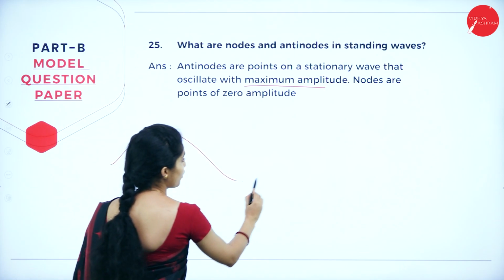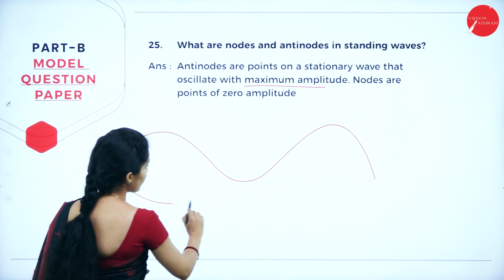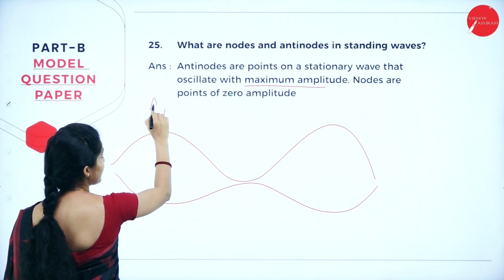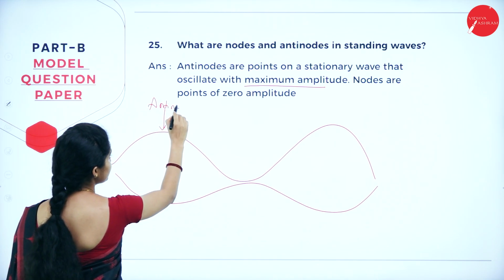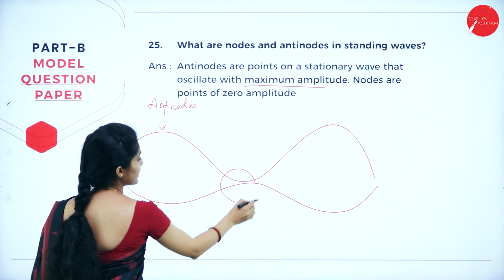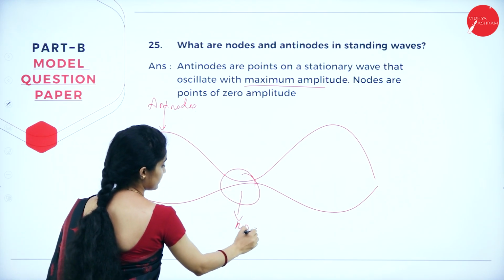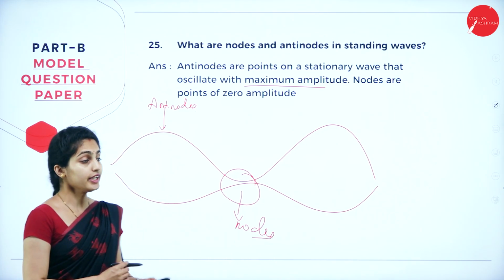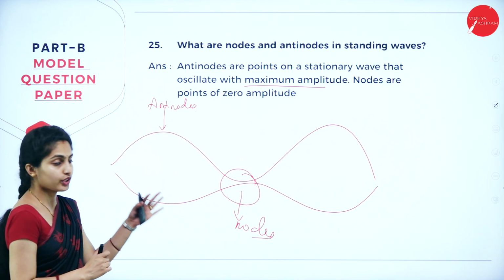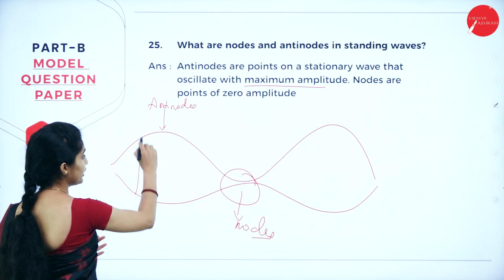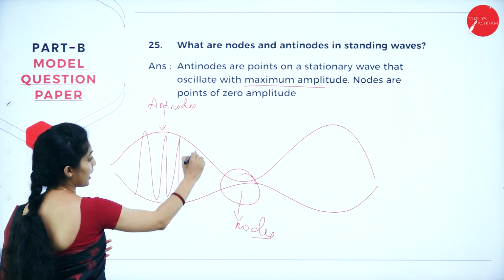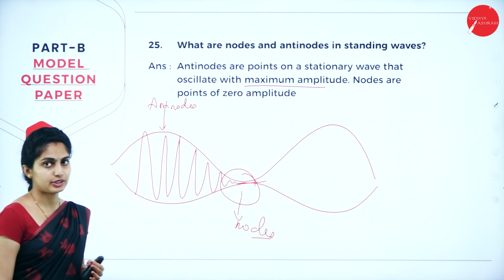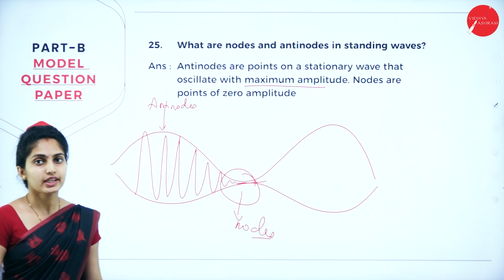So in the form of a wave, we have this set to be antinodes, and this set is nodes. Okay, so we have antinodes and nodes. Antinodes are where you have maximum amplitude, and nodes are where you have zero amplitude. So that is all about this answer.